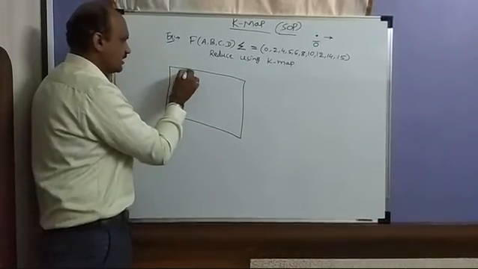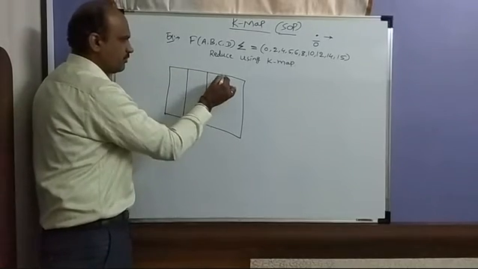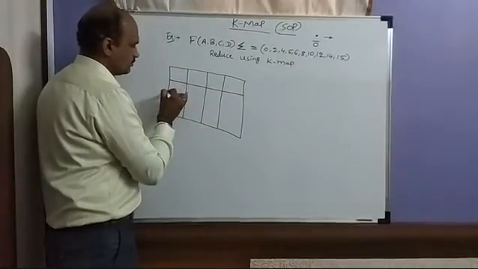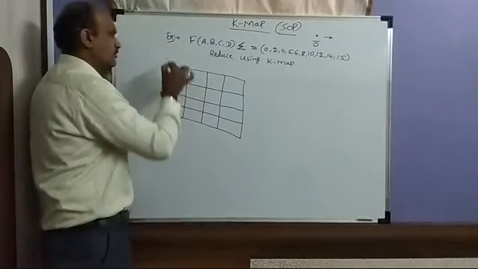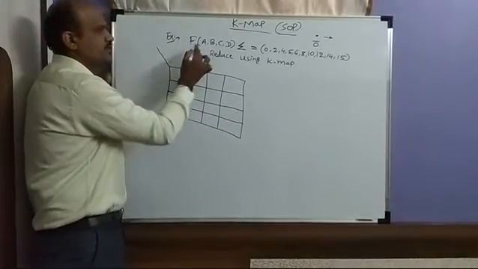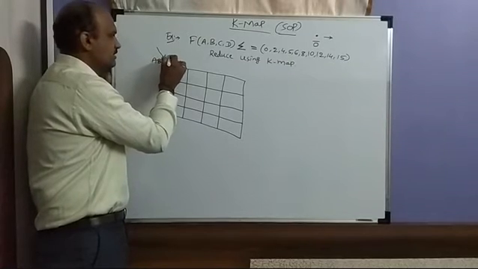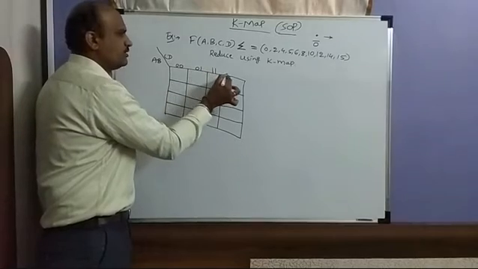As I told you, there are 16 combinations that will come. The numbering system is very important. Then the four variables A, B, C, D are given. A, B will come here, C, D here. 0, 0, 0, 1, 1, 1, 1, 0.